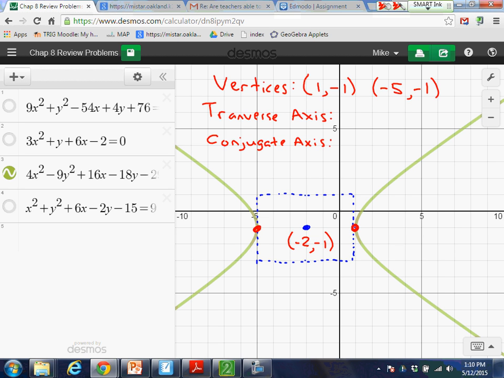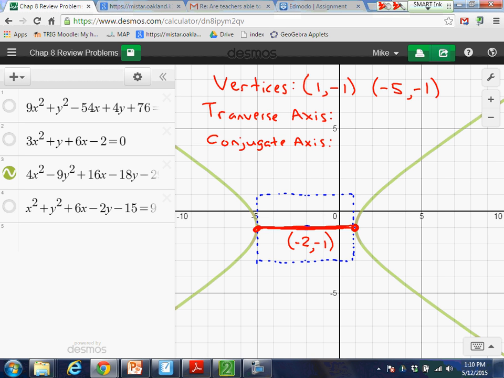Okay, in this case, the transverse axis is basically asking for the length of this axis. It's kind of like the major axis in an ellipse, but it's not necessarily always going to be the longest one. So if you remember in this one, the order it's written in tells you which one's the transverse. So the x squared came first, so that along the x is the transverse axis. The conjugate axis will be the one vertically through the center.